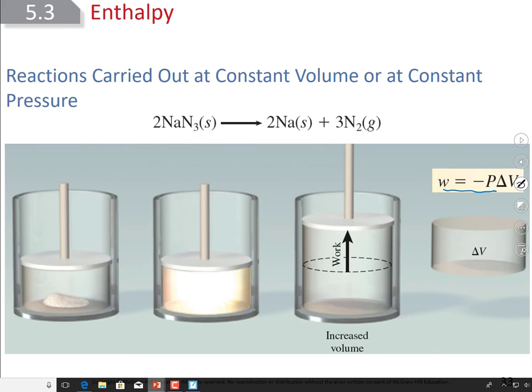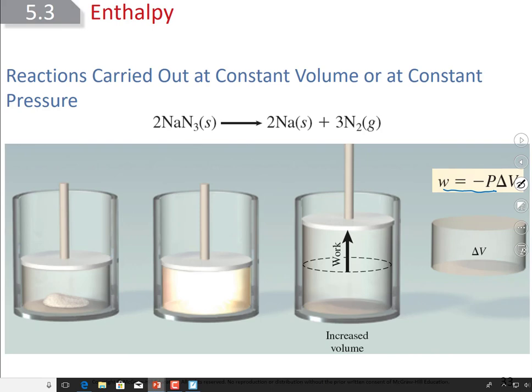Now, why is it negative? Good, because the system did the work on the surroundings. That's why the work is going to end up being negative here. Now, in this case, could I use this equation if the system was having work done on it by the surroundings? Yes, because then how would I get a positive number out of that?